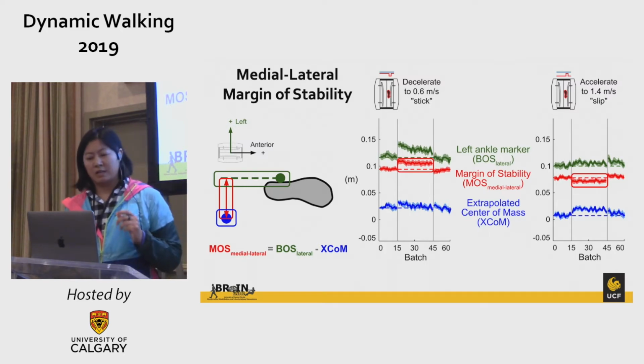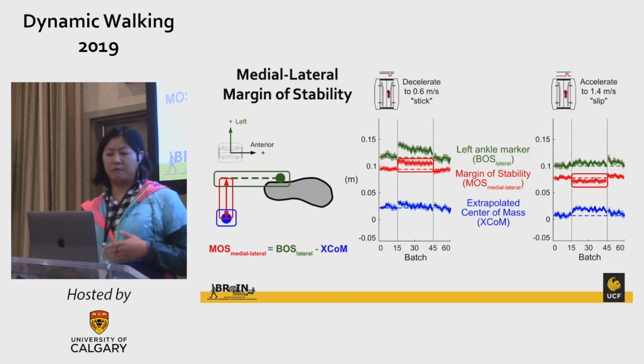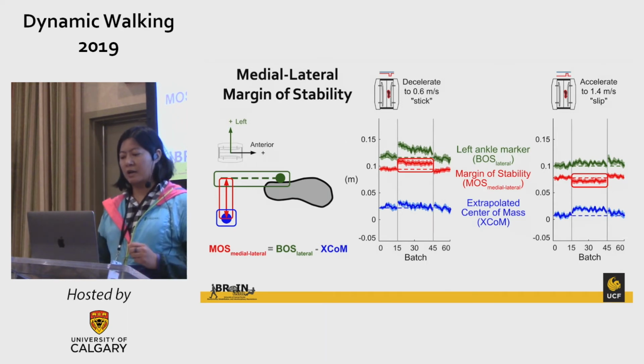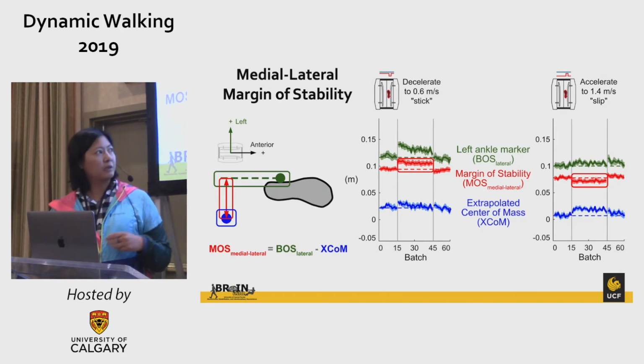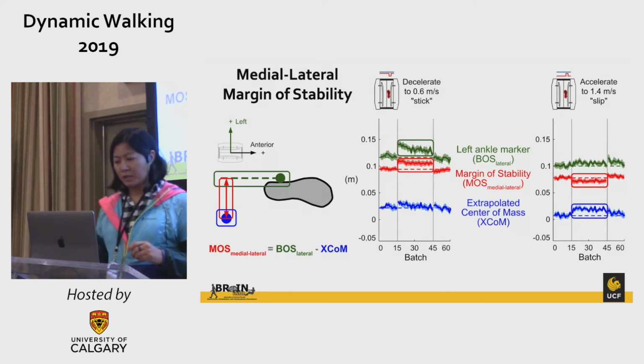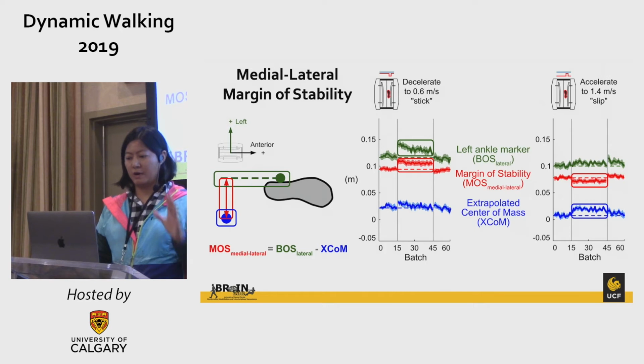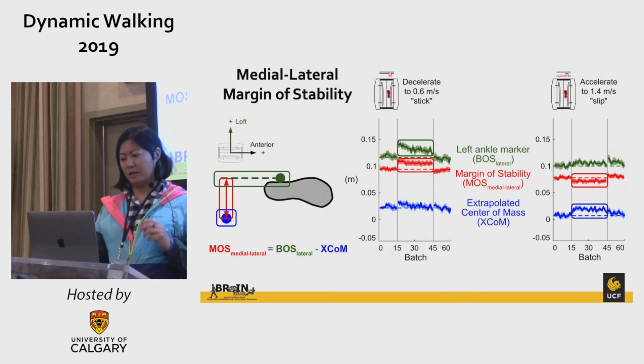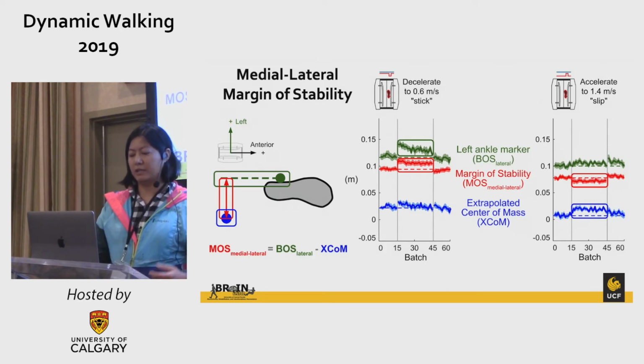So for the stick perturbation, essentially the foot was placed out a little bit wider, and for the slip, the extrapolated center of mass had a greater component to it, and that's why the margin of stability changed the way that it did.